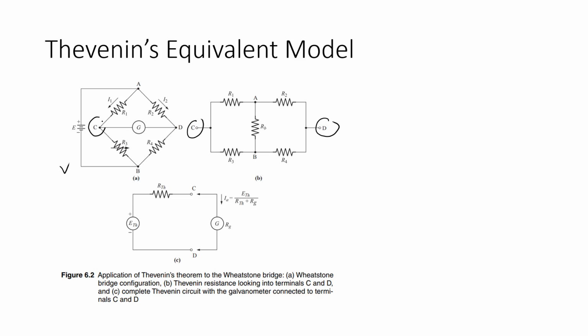C to A is connected by R1, A to D is connected by R2, C to B is connected by R3, and B to D is connected by R4. For A to B, we make the assumption that it is connected by RB.